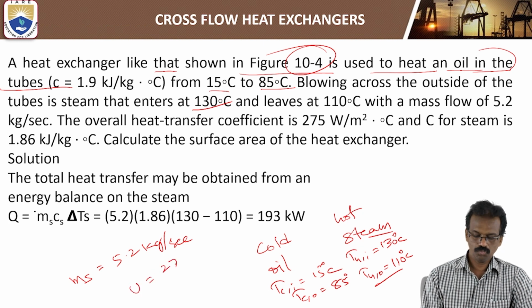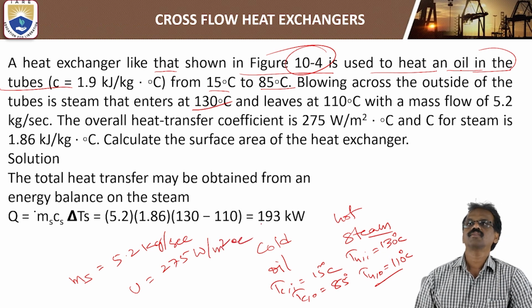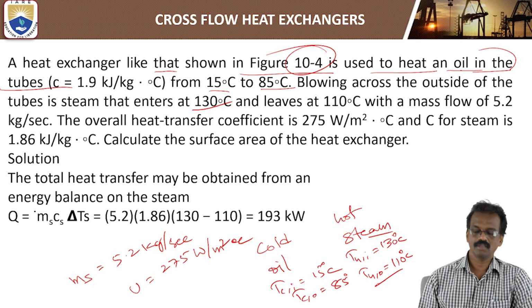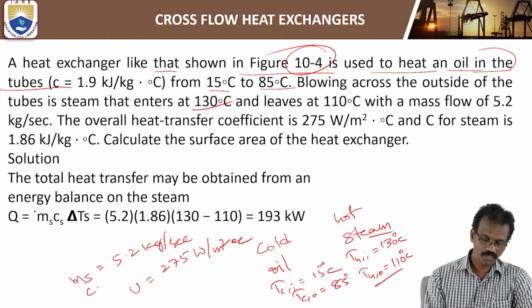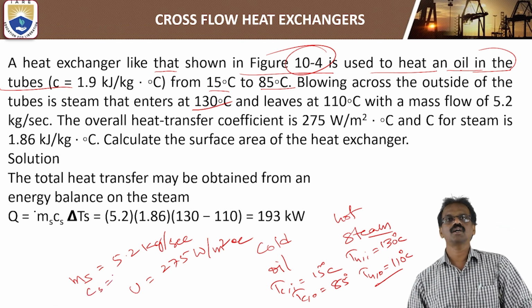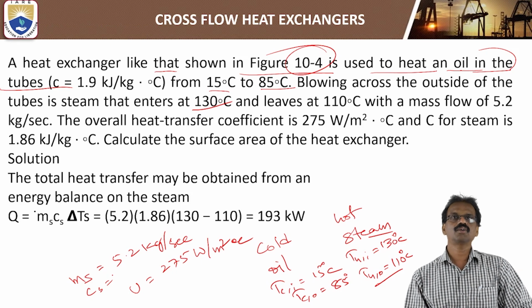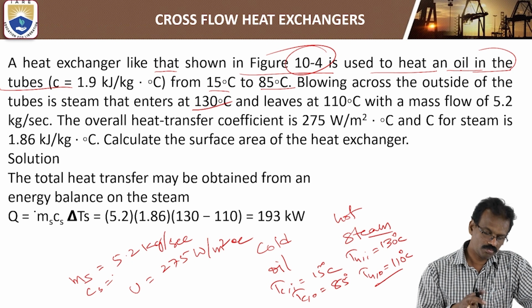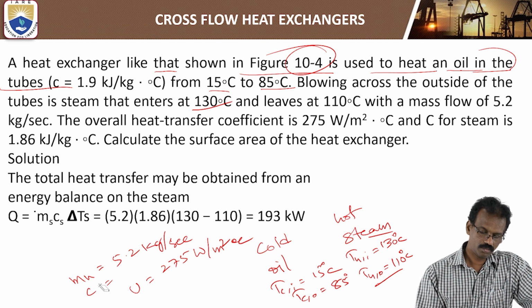Mass flow rate of the steam, we can say MS or MH, is equal to 5.2 kg per second. The overall heat transfer coefficient is also given, that is U, equal to 275 watt per meter square degree Celsius or Kelvin, anything. And the specific heat of the steam is also given, CH or CS. CS shows the steam or CH shows the hot fluid. Here hot fluid is steam, so don't confuse this one. So this is the MH and this is the CH.